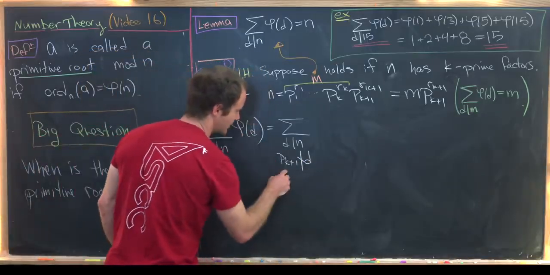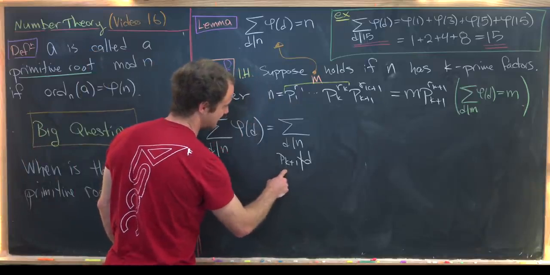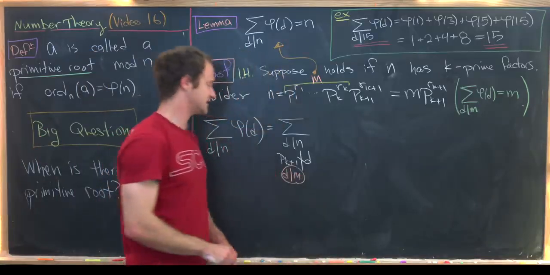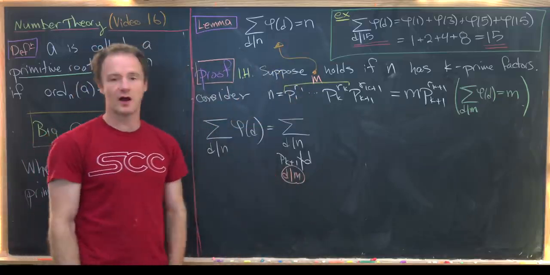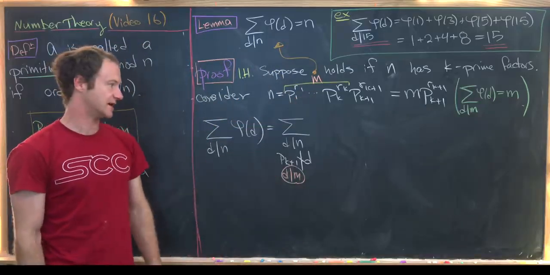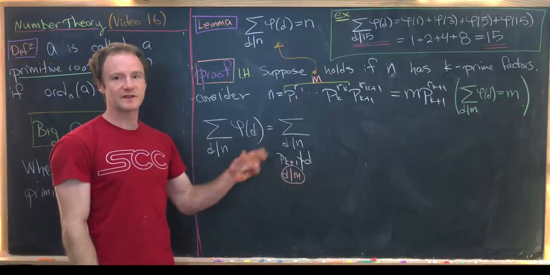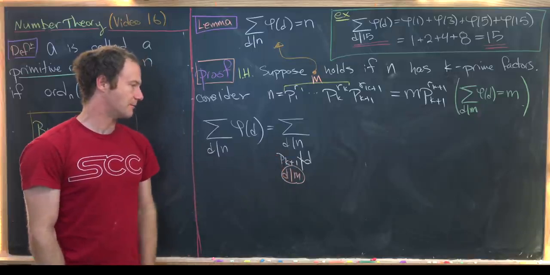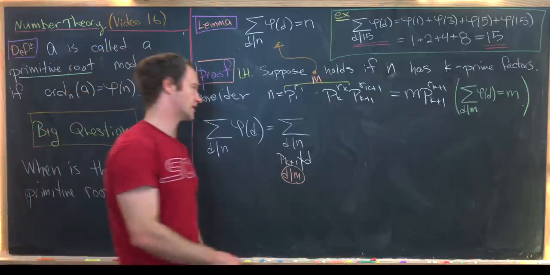Well, so let's notice that this means that in fact d divides m, because it does not contain a factor of the prime which does not divide m. And then we're going to build this up a little bit at a time, adding in a power of p sub k plus 1 one at a time.